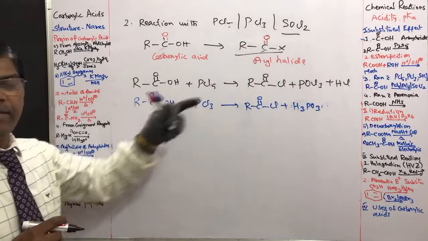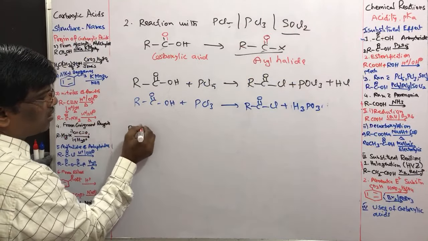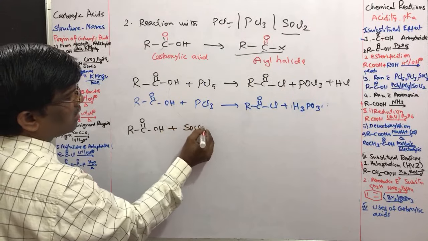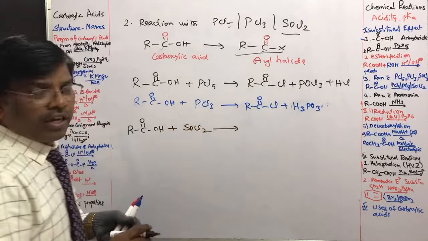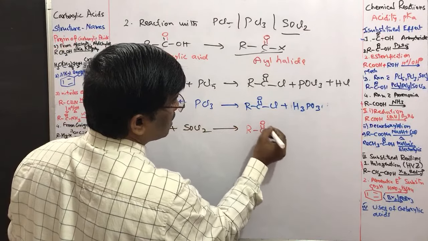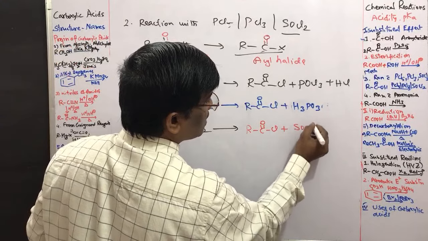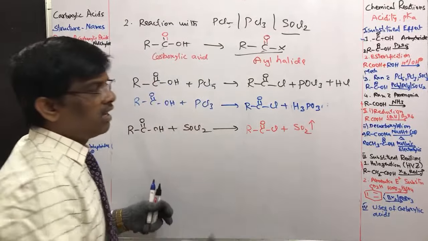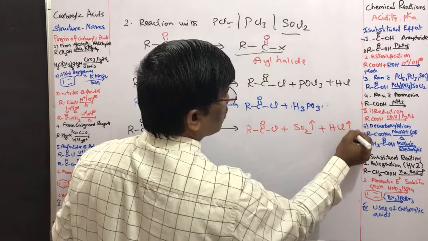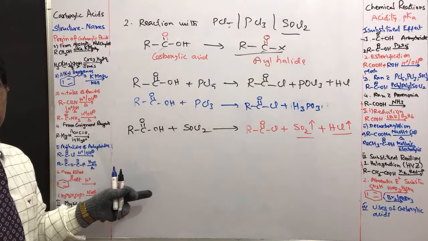Thionyl chloride is a liquid, and when I treat an acid with thionyl chloride, I am going to get acid chloride RCOCl plus sulfur dioxide, which is volatile and does not stay in the reaction mixture, and HCl, which also leaves as gas.